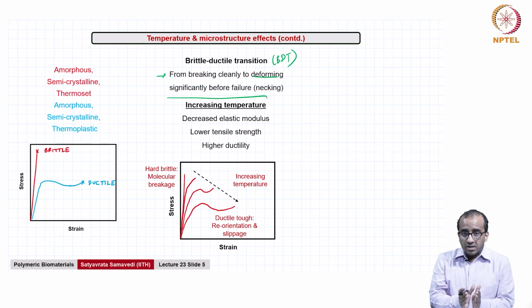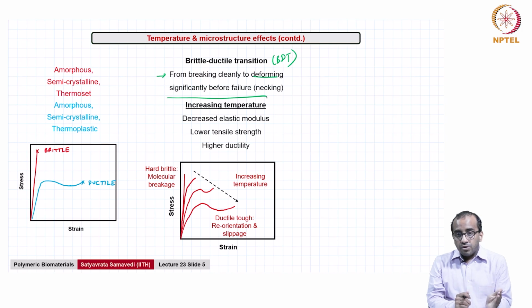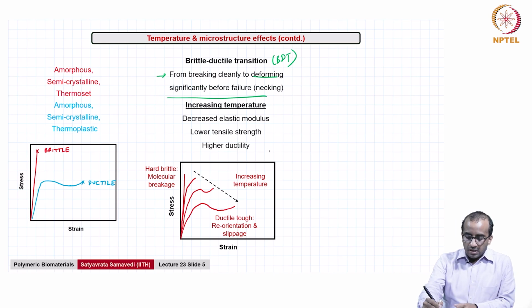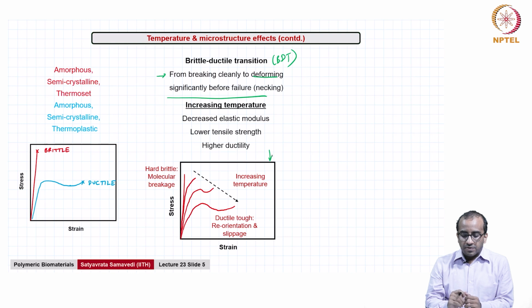So, our contention is that depending on the operating temperature vis-a-vis the Tg, etc., you can actually have the same material show glassy brittle behavior at a certain temperature, and at a different temperature it can deform, yield, etc., and neck significantly before it fails. And shown here is a plot of that.